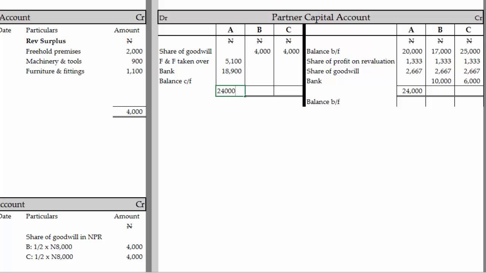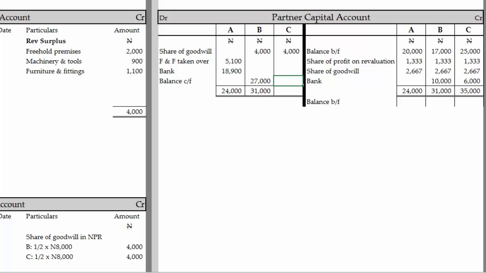Now for B, the total on the credit was 31,000, while on the debit is 4,000. So the credit is higher than that of the debit by 27,000, and that will be the balance carried forward. For C, the total was 35,000 on the credit, while on the debit it has 4,000.